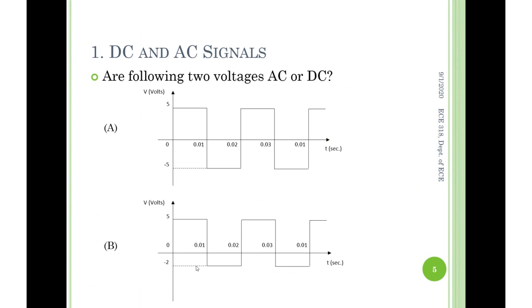Purely DC is very easy to judge, so we should feel very confident about it. Purely DC is just a flat horizontal line. Very easy to tell. It is not that way, so it definitely has AC. Don't doubt that. And the average is not 0, so it's not purely AC. Therefore, it's mixing between AC and DC.